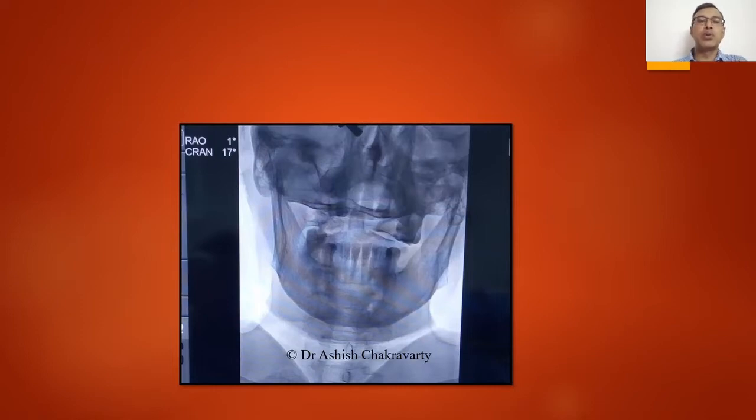Now, I don't follow the open mouth technique. Usually what I try to do is place the atlantoaxial joint in between the two incisors. Here, you would see that I have had a cranial tilt of 17 degrees to place the atlantoaxial joint in between the two incisors.